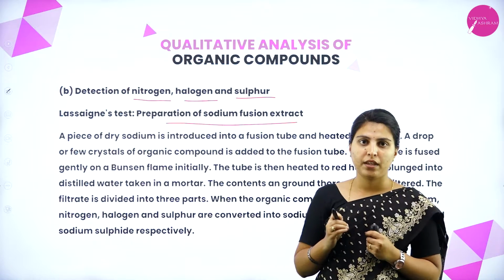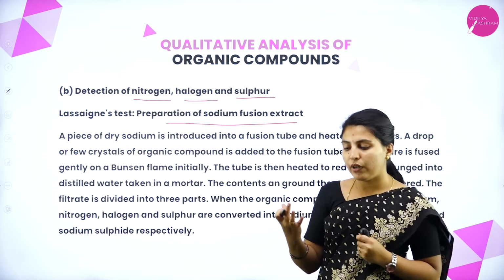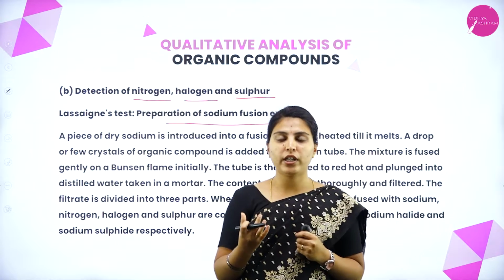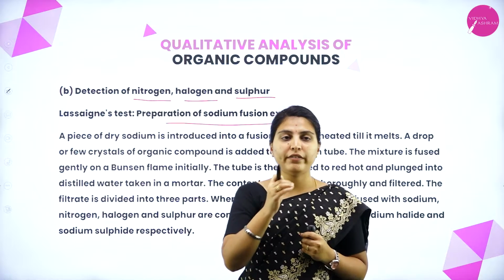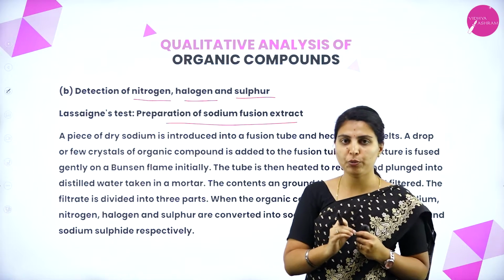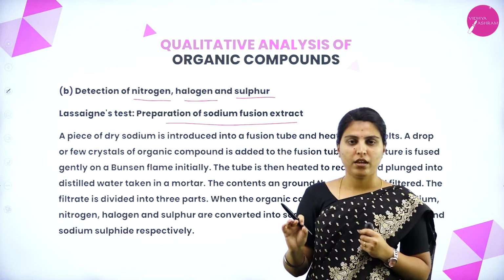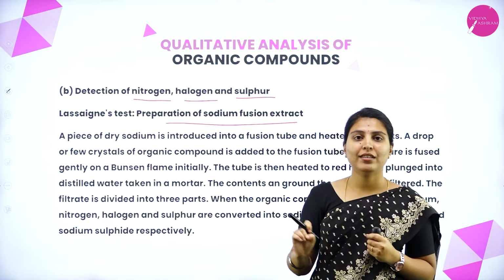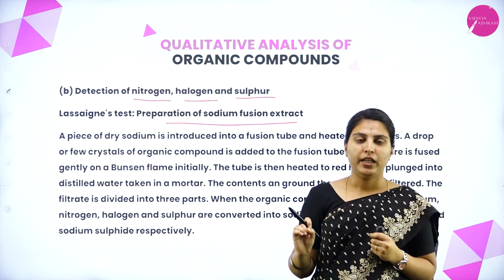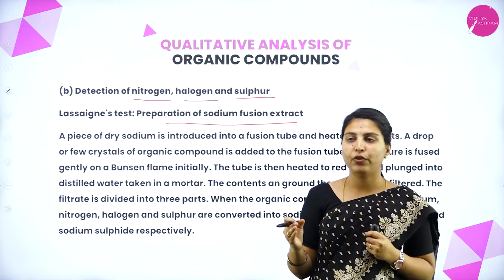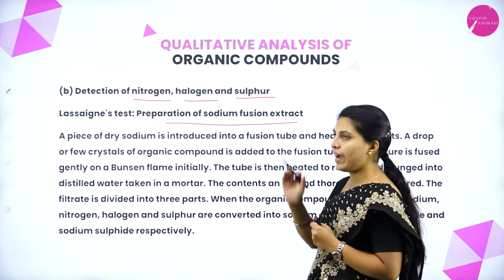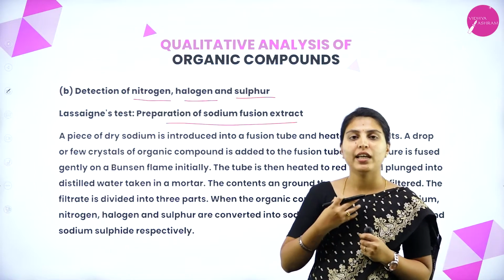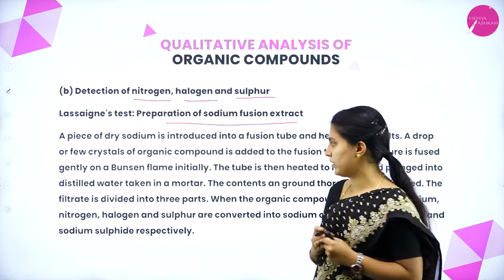On the other side, take a mortar with some water. Put the heated fusion tube into it and make a complete paste. Divide it into three parts for the detection of nitrogen, halogen and sulfur, or any other elements.